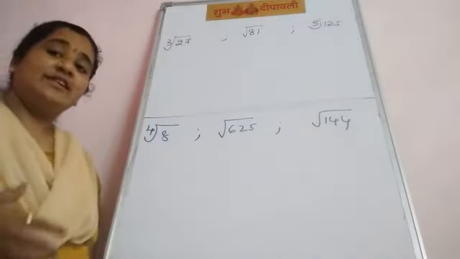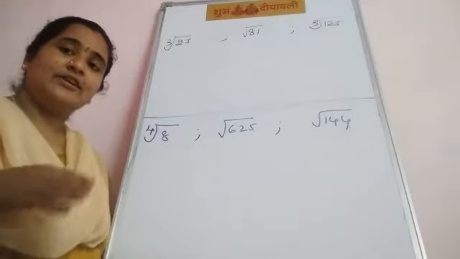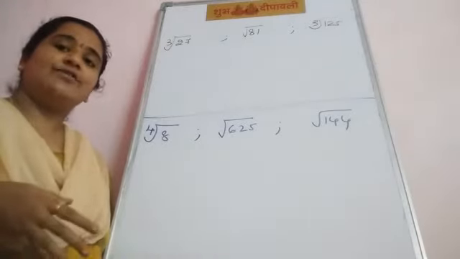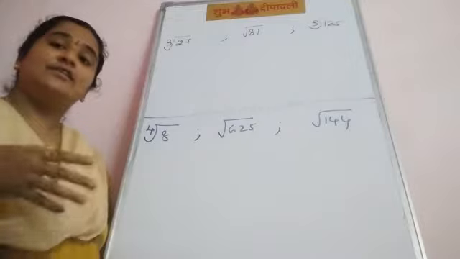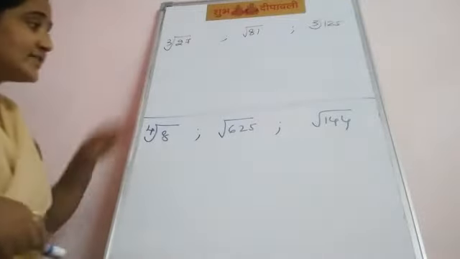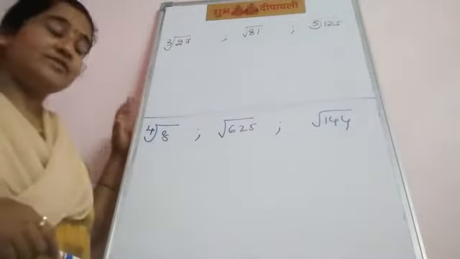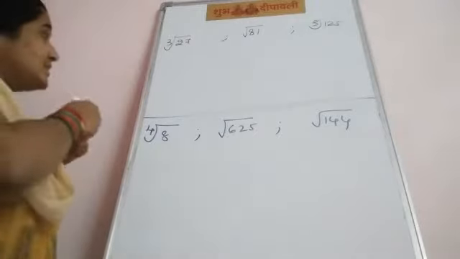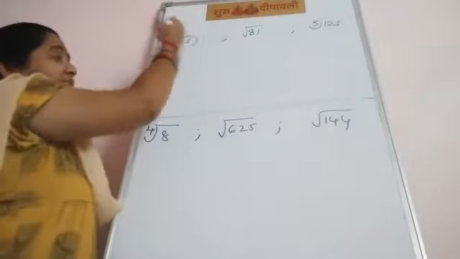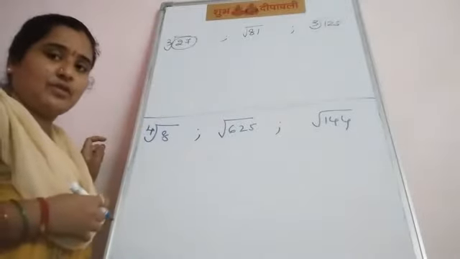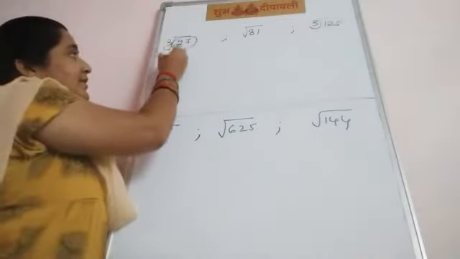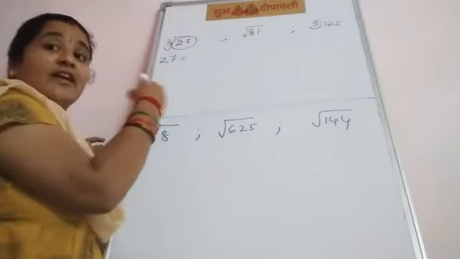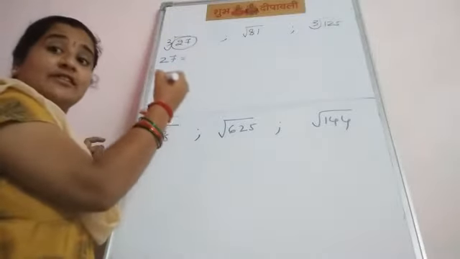Students, how to identify whether the given number is a surd or not? See here, I have written some questions. We will see. Cube root of 27. First we need to simplify 27. Is it possible or not? 27 can be written as 9 threes, and 9 can be written as 3 threes are 9.